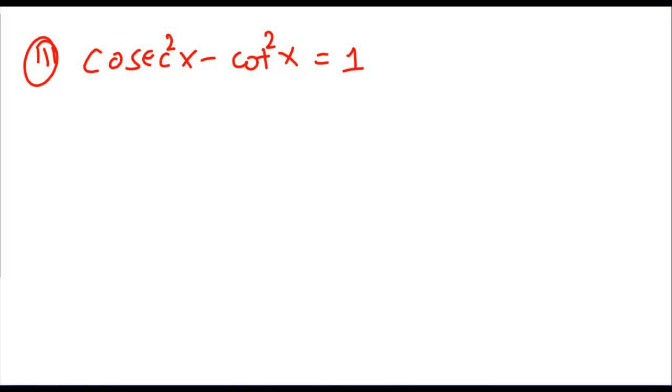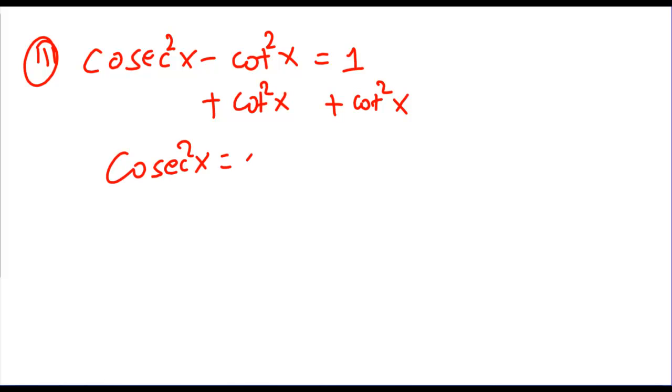Now, I would solve for, again, I've tried to solve for both of these here. I would solve for the cosecant now. That gives me cosecant square x equals 1 plus the cotangent square x.